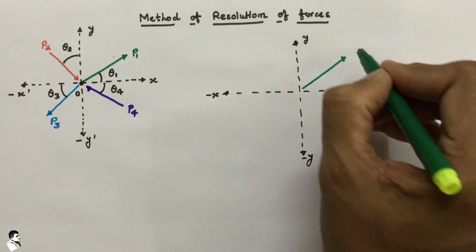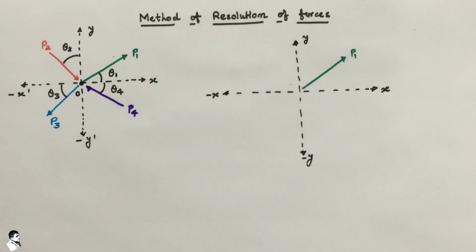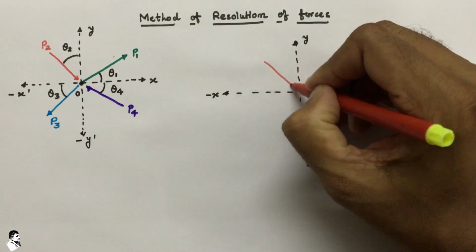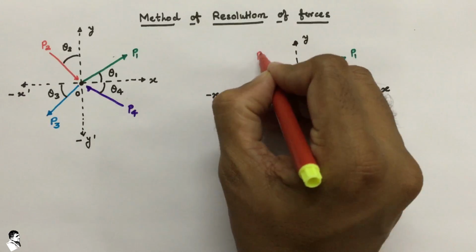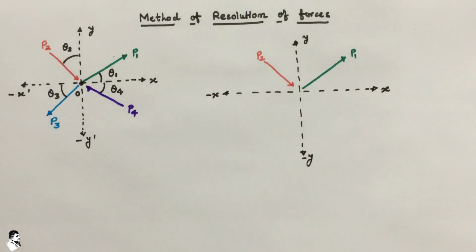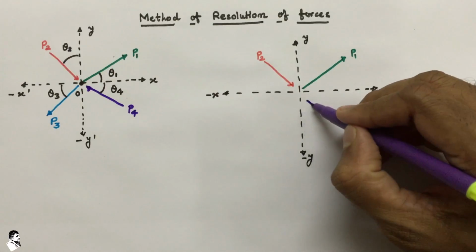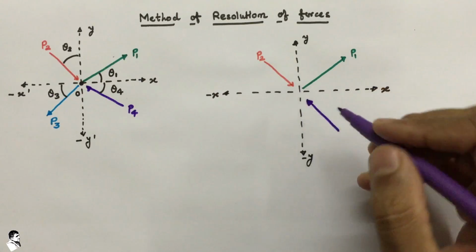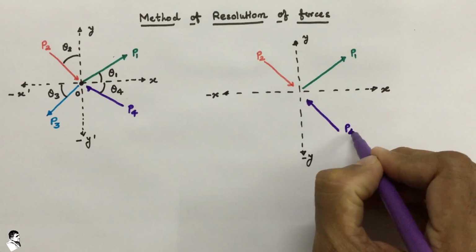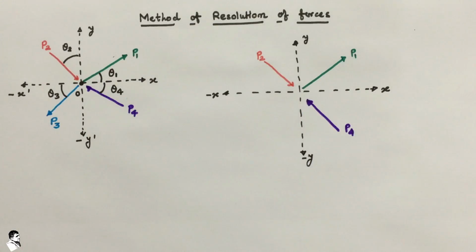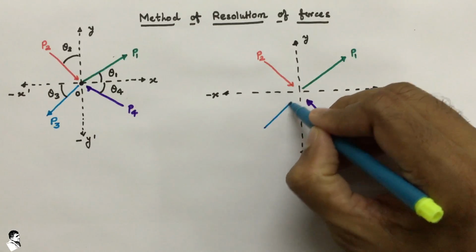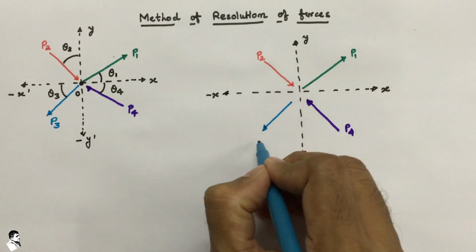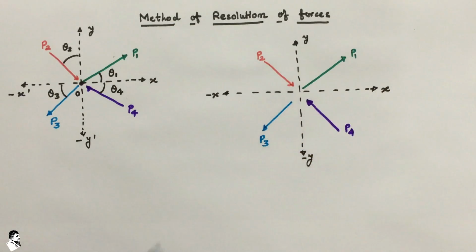Here it is P1, then P2, then P4. Direction is also very much important, and the last one is P3, right?